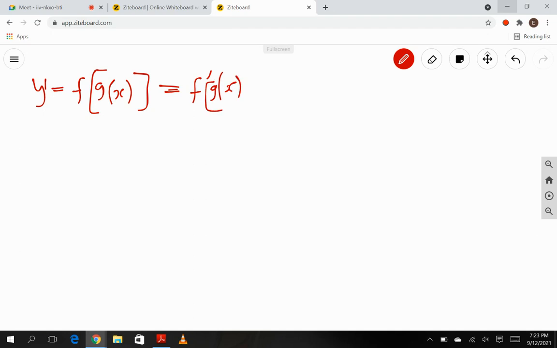So you've seen that we've maintained the inside like that, and then you multiply this by the derivative of what's inside. Now don't worry, this may look all over the place, but when we do a question it's going to make sense. The point is you differentiate the function, leaving what's inside the same. Then we multiply by the derivative of what's inside, right?